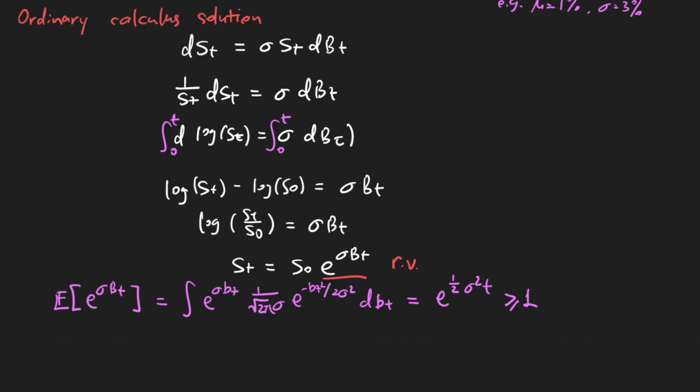It means that when sigma equals 0, when there's no fluctuation, the stock price equals the initial price. That makes sense. And if sigma is greater than 0, we have some fluctuation, and the expected value of the stock price at time t is greater than S_0. So it means that on average, the stock price is trending up.